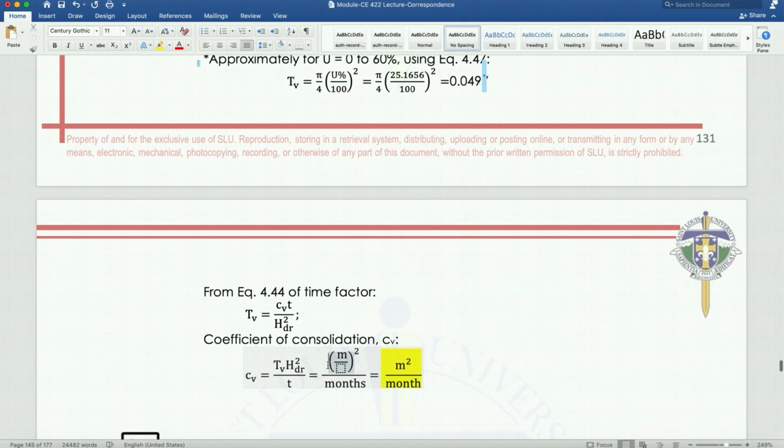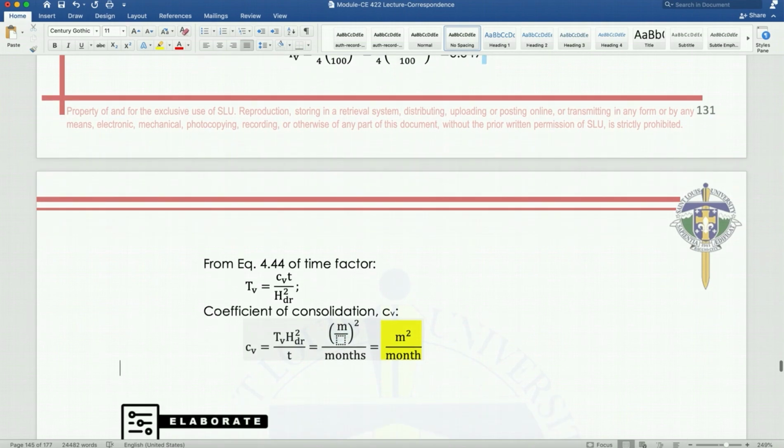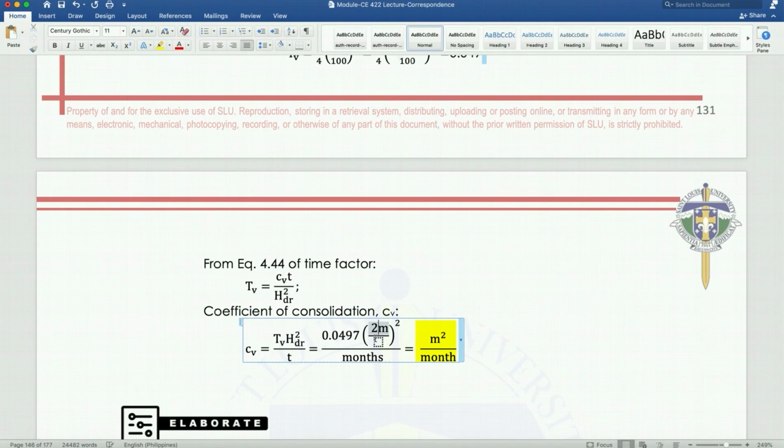So the value of T_v is equivalent to 0.0497 times what is the H_DR. The height of our clay is 2. But this time we are going to divide it by 2. Why?